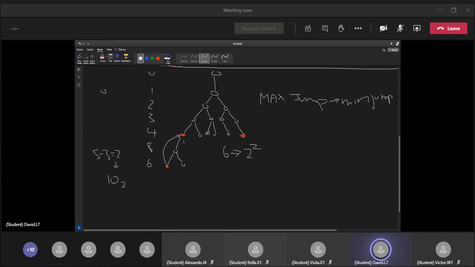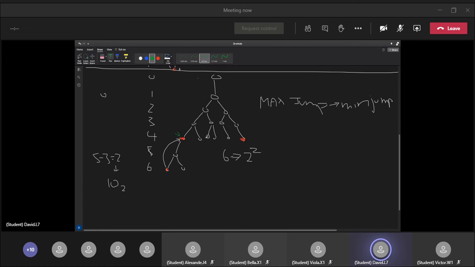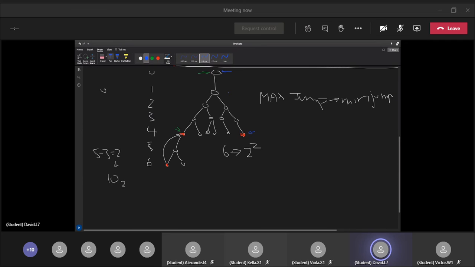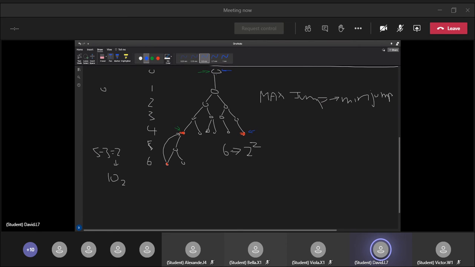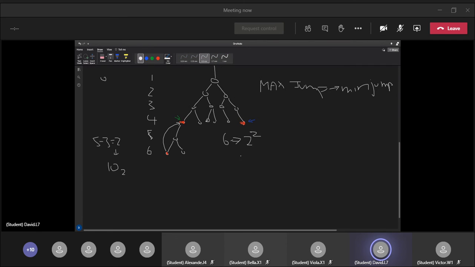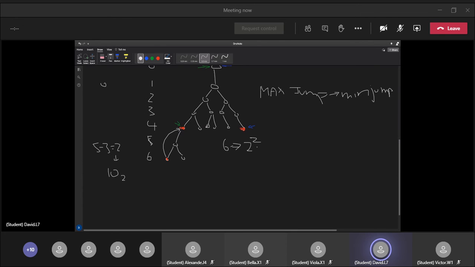So if we were to jump a height of 4 from this green node, we would get to here. If we were to jump a height 4 from this blue node, we would get to here. And basically those values are actually the same, right? We would get to the same node. So if we made a jump of size 4, we would get to the same node.